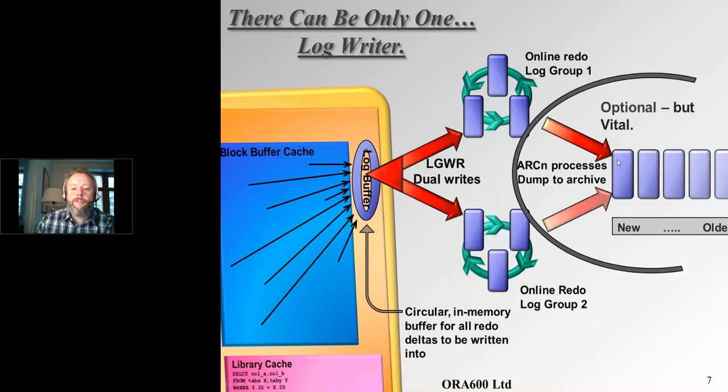And these archive redo logs are just generated, and you can think of them being generated over time, going further and further back in time. If you keep all of your archive redo logs, you can actually recover your database at any point in time.